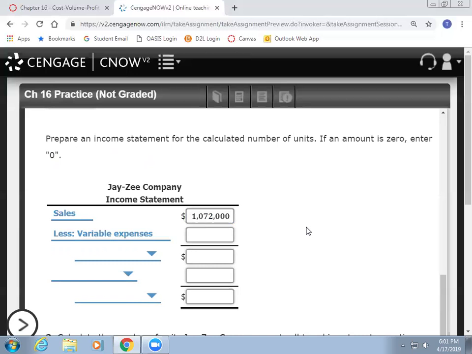So what do we get for total variable expenses? Very good, 455,600. Trying to read off the numbers, right?